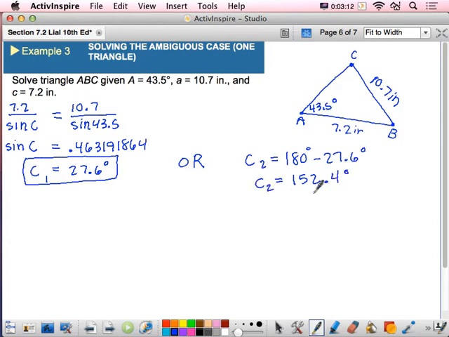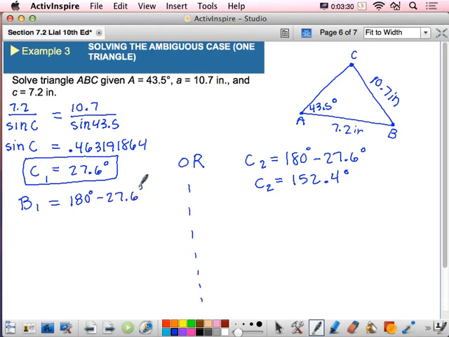Now that we know C1, we can also find capital B1, because B1 is whatever it will take to make supplementary the other two. So 180 minus 27.6 minus the one we were given, which was 43.5.